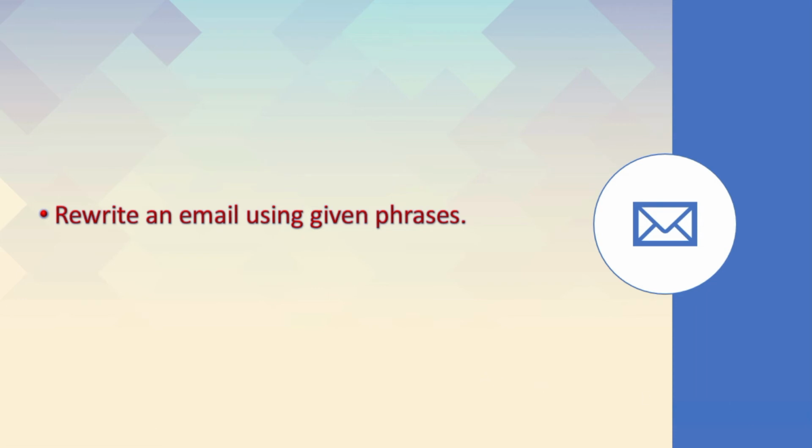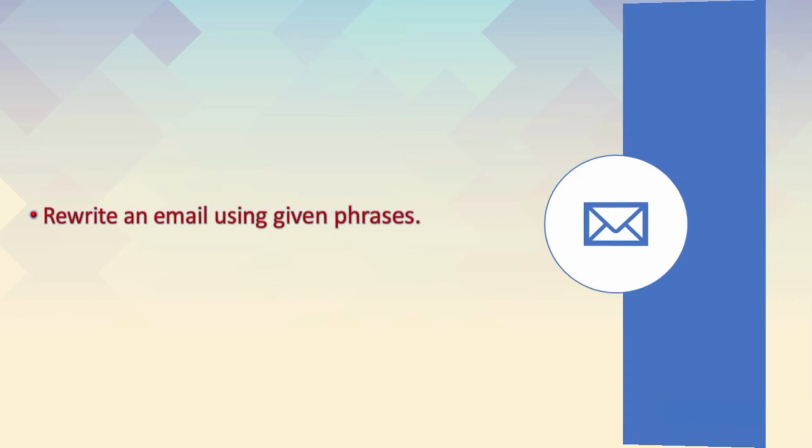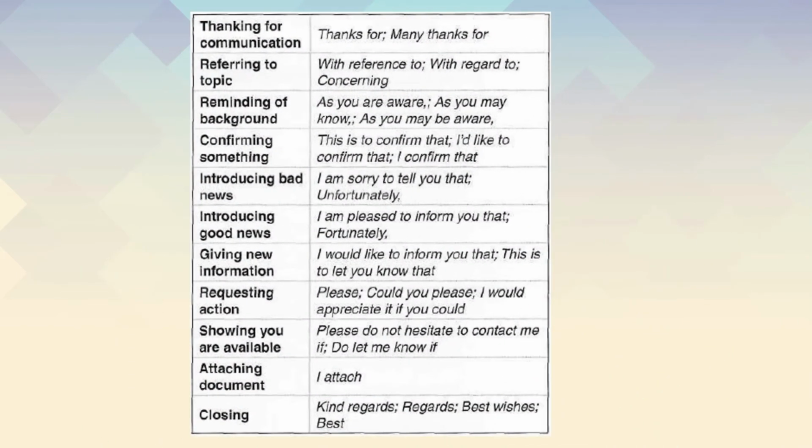Now let's move on to our last objective, that is to rewrite an email using given phrases. Before we start, let's quickly revise some phrases used to express different things in an email. Look at this table. In this column, we have phrases used to express these things. For example, when you want to thank somebody for communication, you can say thanks for, many thanks, thank you for.